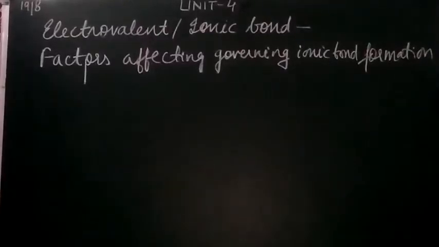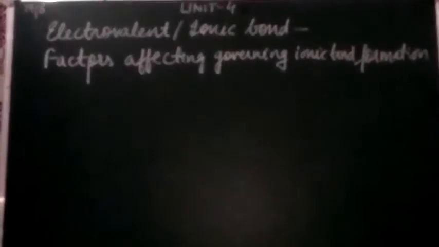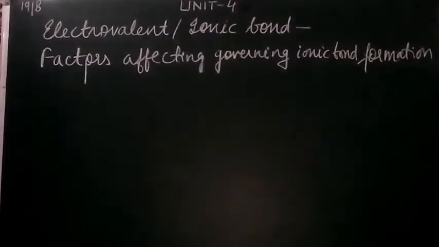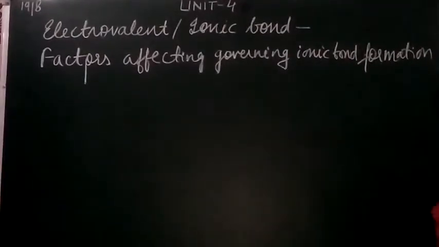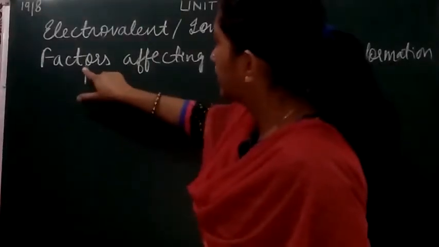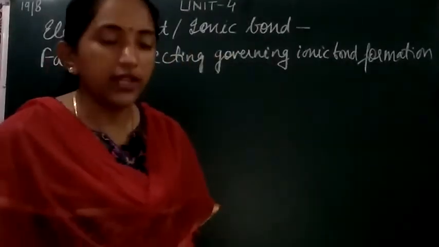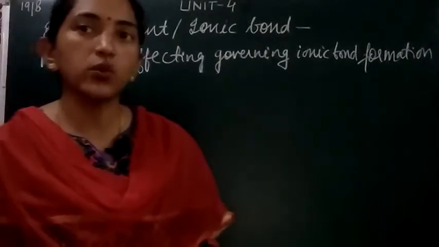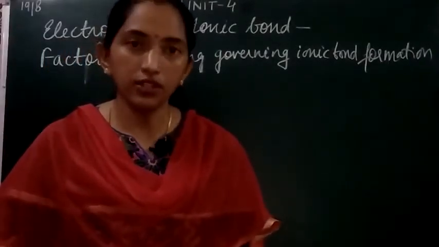Now, students, we will discuss the next topic, that is the factors affecting the ionic bond formation. So, the next topic is what are the factors which affect the ionic bond formation.